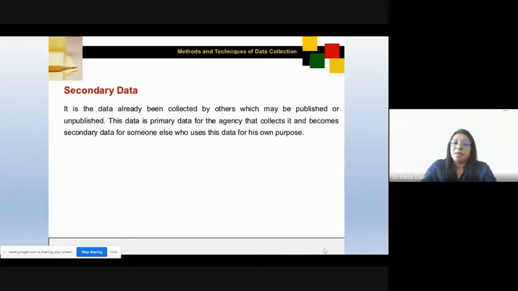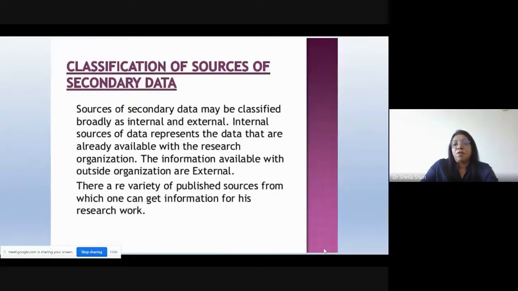And then secondary data, nothing much to talk about. It's already been collected. This may be published or unpublished. This data is primary data for the agency that collects it and becomes secondary data for someone else. So it was primary data until you use it. Then when you use it for your own purpose, it becomes secondary data.